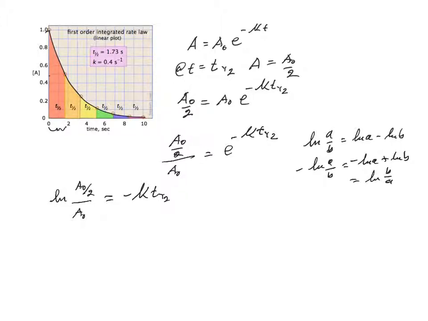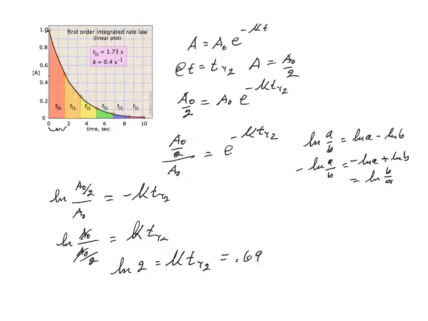So when I take the negative of the left-hand side, I have the natural log of A naught over A naught over 2, and this is equal to, I take the negative of both sides, k t1/2. Now the A naught over the A naught cancels, and I have the reciprocal of 2 in the denominator. So this becomes the natural log of 2 is equal to k t1/2, and this is equal to 0.693.